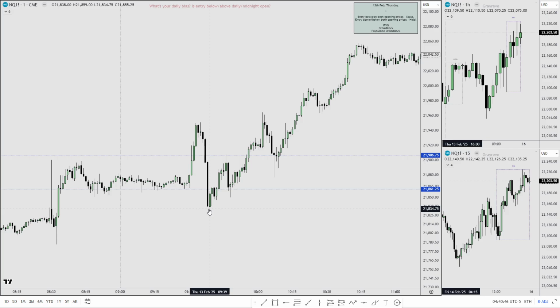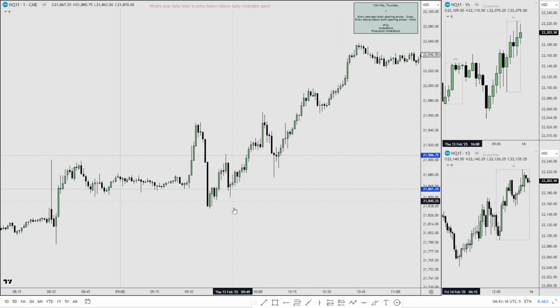Now inversions, yes, I do agree, they are very strong, but when it's used like this, I don't think it's the most efficient way to use it. I think my model is the most efficient way to use inversion fair value gaps, because you're actually capturing the low of impulses or the high of impulses. That cannot be done like this.